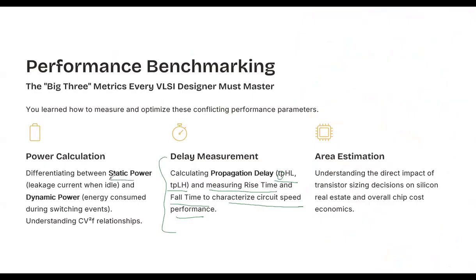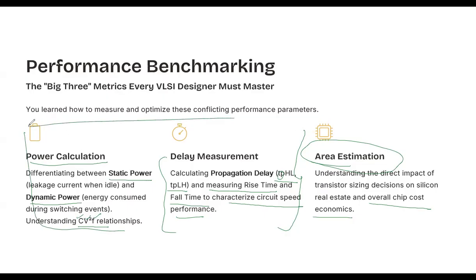When we talk about power calculation, we talk about static power, we talk about dynamic power, the frequencies, capacitance, voltages, different parameters when we calculate the power. And when we optimize both of these parameters, then we talk about how much area we have used, or what is the overall chip cost economics, or what we have compromised for all these improvements.